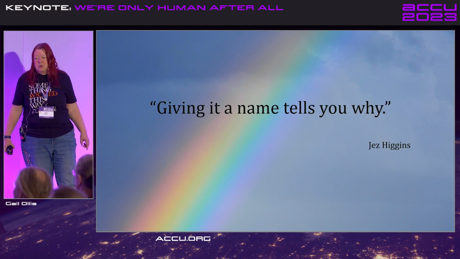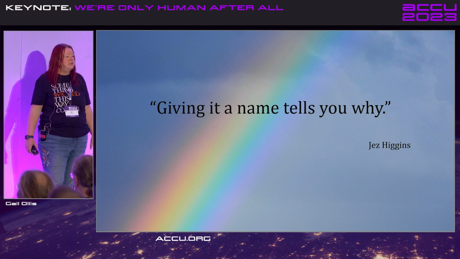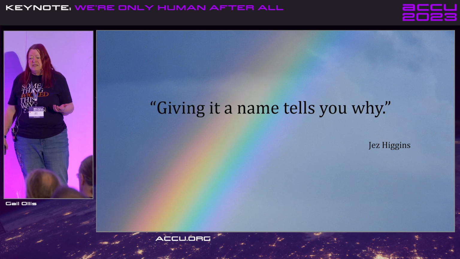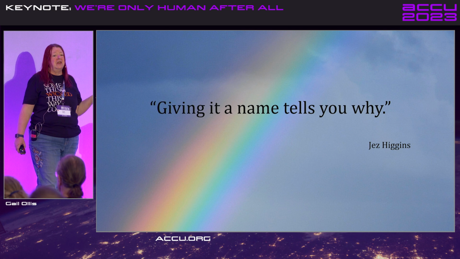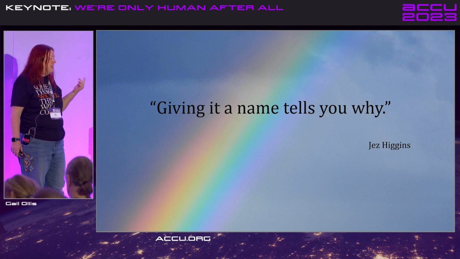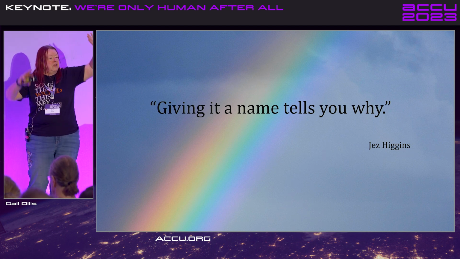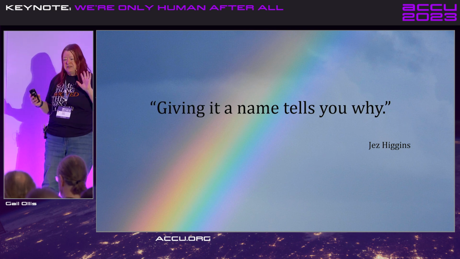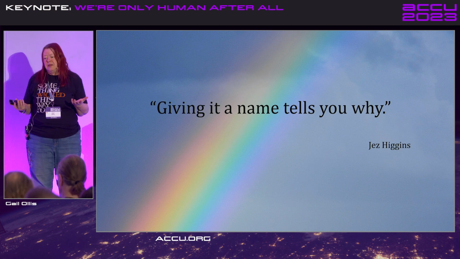So I'm going to quote Jez again, and again, common advice: giving it a name tells you why. It gives some meaning to it that will be meaningful to others. And it's hard to think of names, I know. Thinking of names that will be clear from somebody else's perspective is even harder, because you're immersed in your own Where's Wally world, and the names may be meaningful to you, but to somebody else looking just at Wally, they're not going to necessarily make sense.